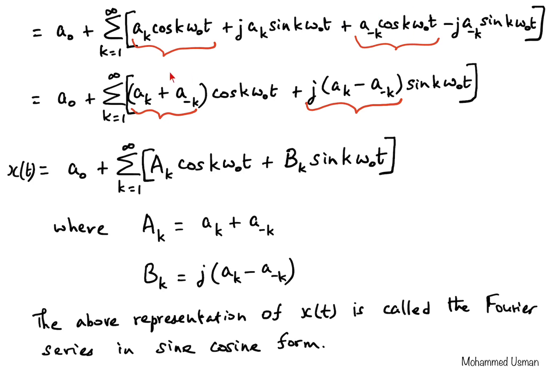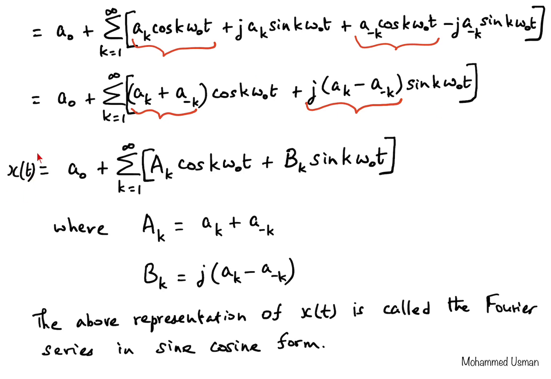Similarly, we take sine k omega naught t as a common factor, multiplied with j times ak minus a minus k. That's simple algebra which you can follow.